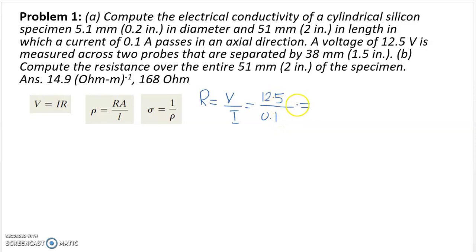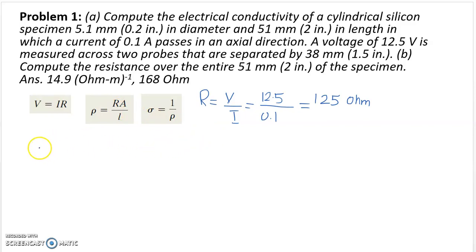If you divide 12.5 by 0.1, you will get 125 ohm. This is the unit of resistance. So using this value of the resistance, we can find the resistivity.